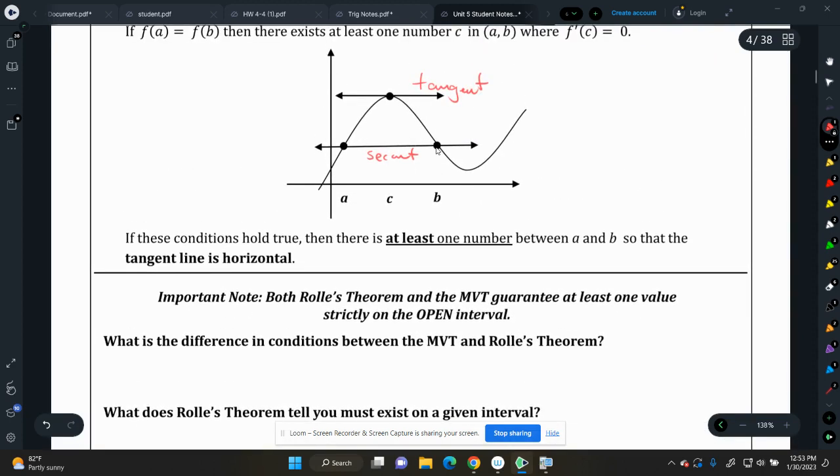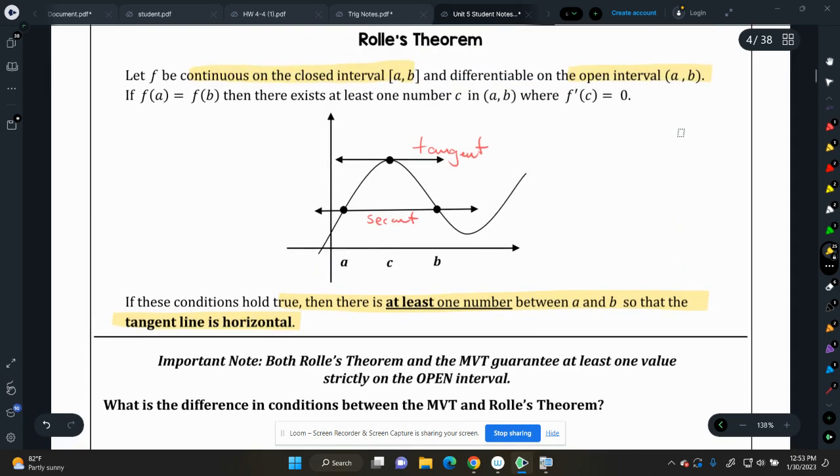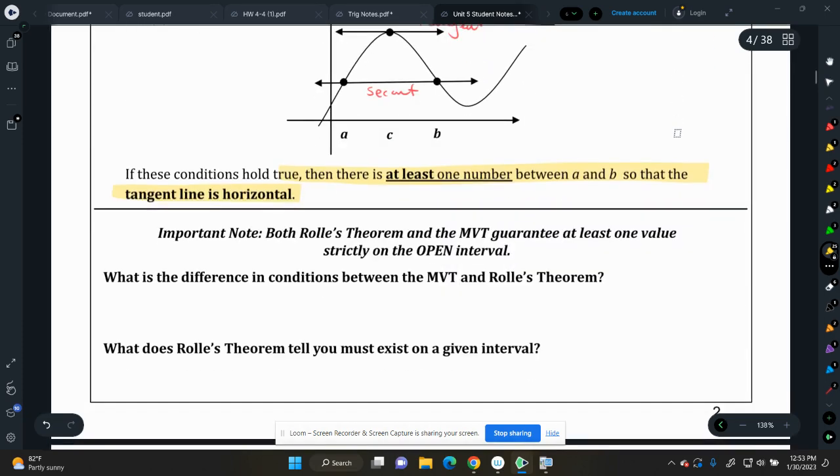So basically that means that there's at least one number between a and b such that the tangent line is horizontal. Which means that there is at least one point in there where there is a relative min or relative max.